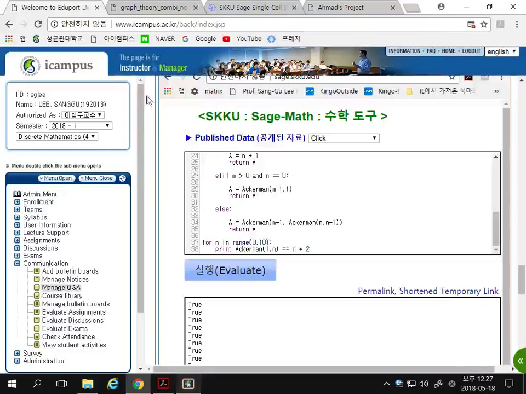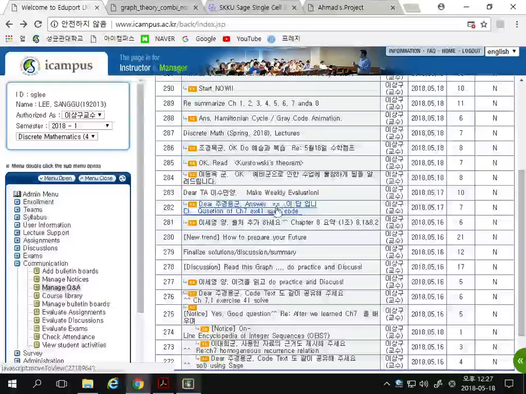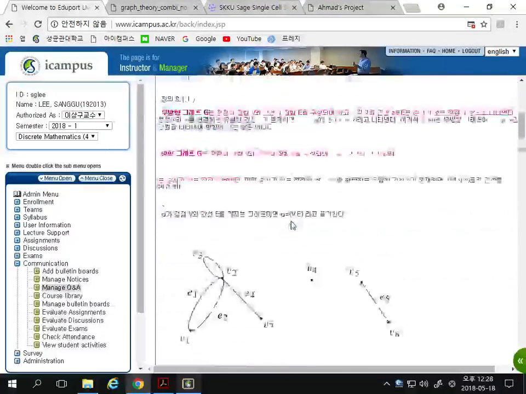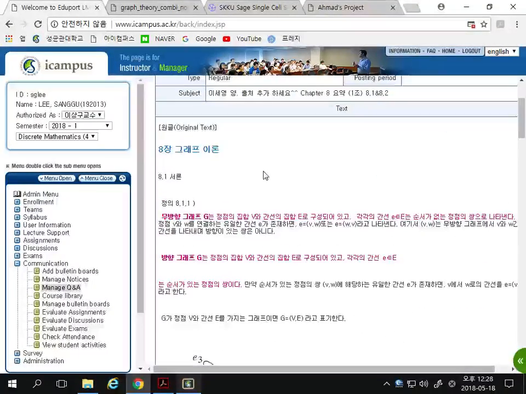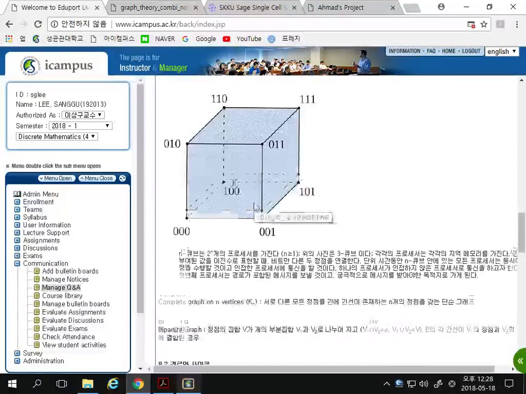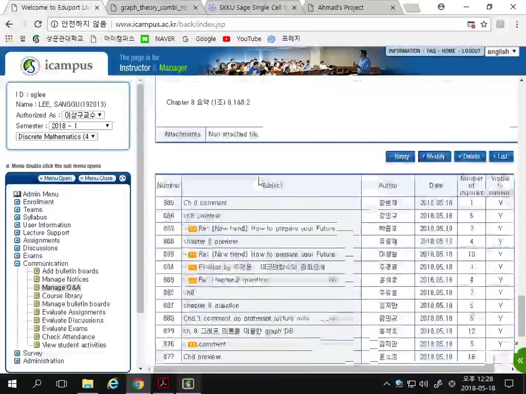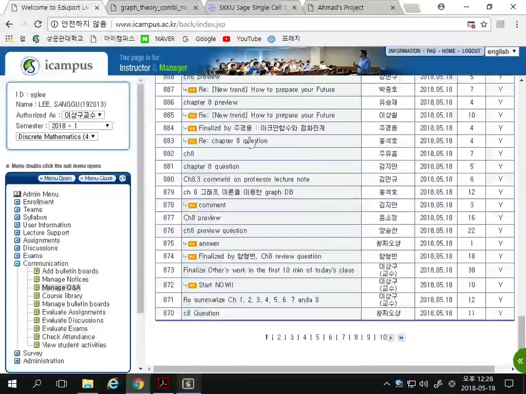So I checked it worked. And next, use a double equal sign to define functions. And Miss Lee added, so she summarized chapter 8 with the graphs that we have had, and she did fix it. Okay.